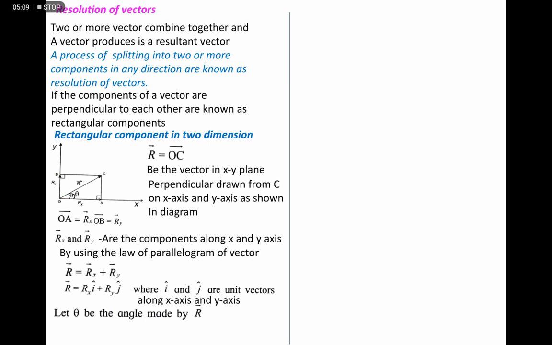Now theta is the angle between R bar and OA bar. Then in triangle OAC, cos theta is Rx by R. Then Rx is equal to R cos theta.